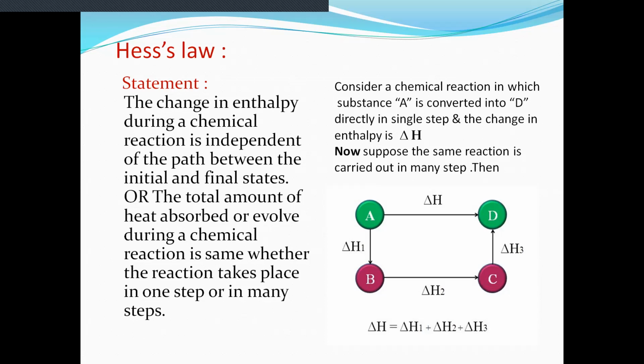That is, A is converted into B, B is converted into C, and C is converted into D. So in both reactions, A is converted into D, but in the first process it is a single step, directly A is converted into D, while in the second process the reaction takes place in many steps, more than one step.